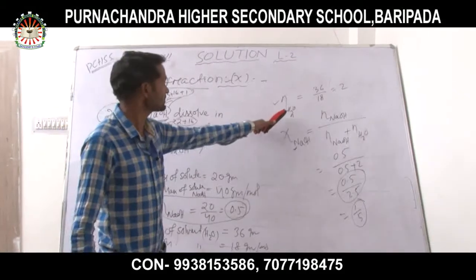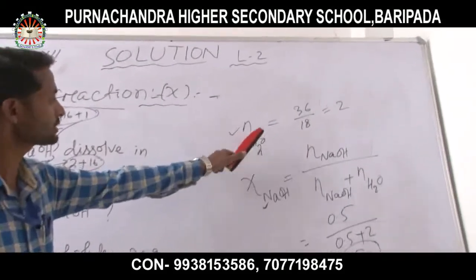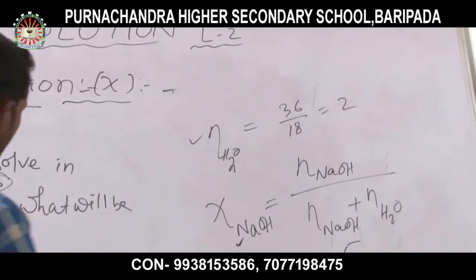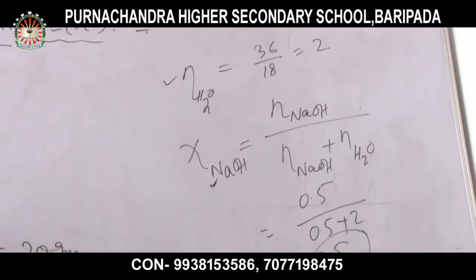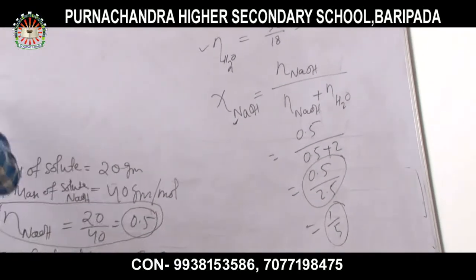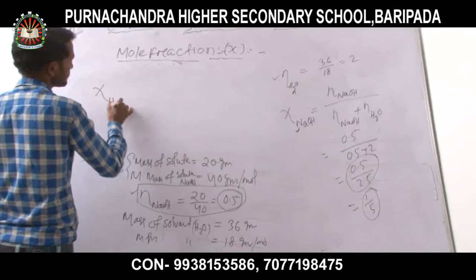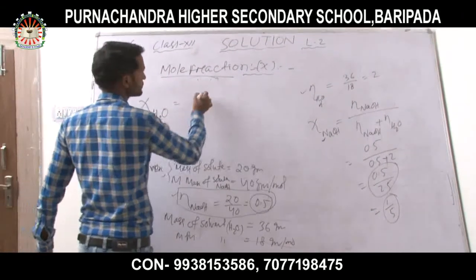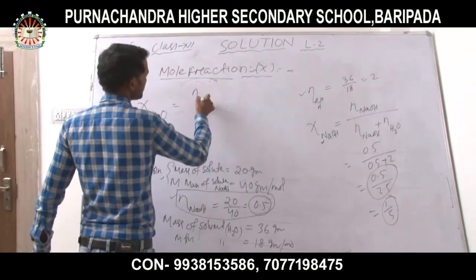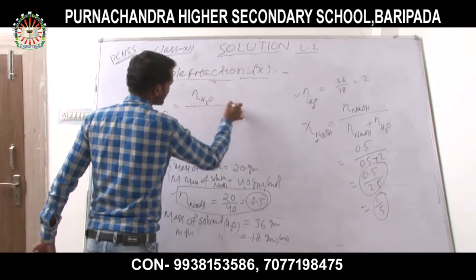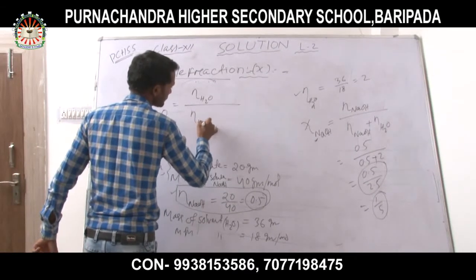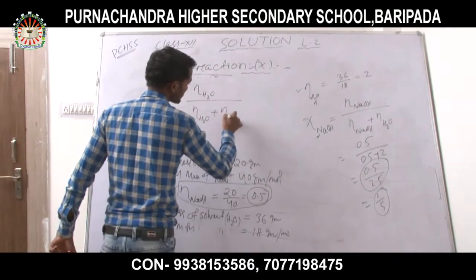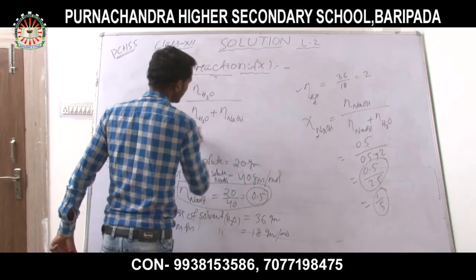Now you can also calculate the mole fraction of water. The mole fraction of water is equal to the number of moles of water divided by the number of moles of water plus the number of moles of sodium hydroxide.